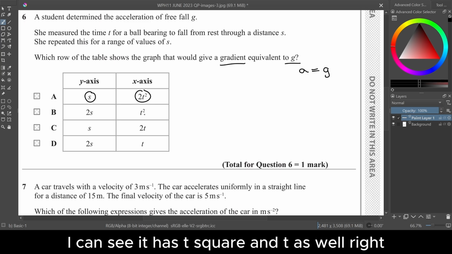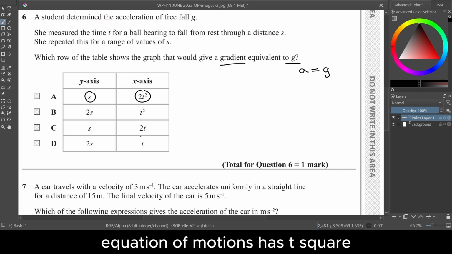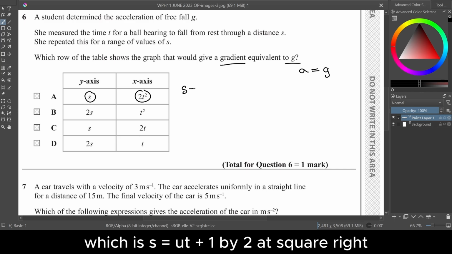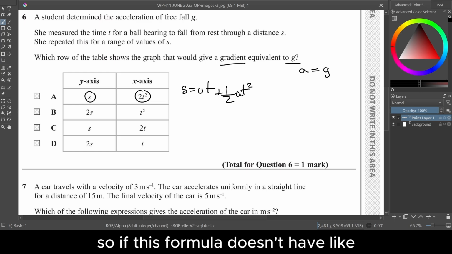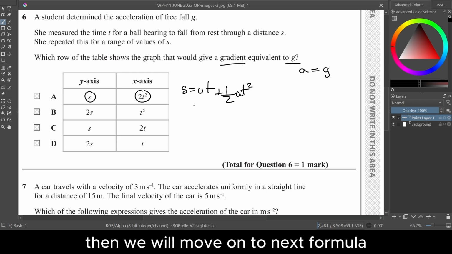From the options, I can see it has t square and t as well. Only one equation of motion has t square, which is s equals ut plus 1 by 2 at square. If this formula doesn't have anything from these options, then we will move on to the next formula.